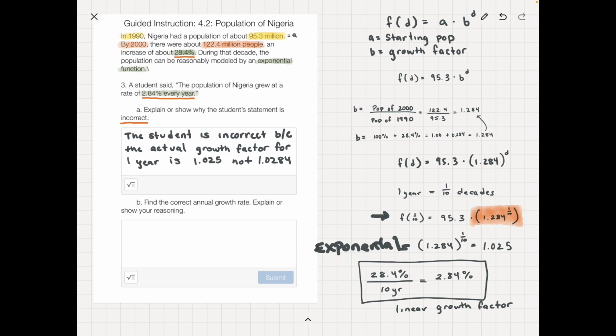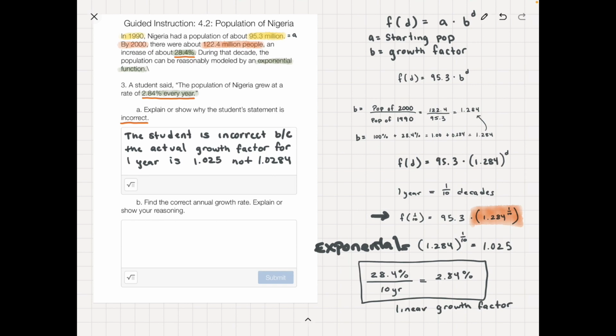Okay, so I went ahead and I actually already calculated the correct growth factor because I used it in order to show that they were incorrect. So find the correct annual growth rate, explain or show your reasoning. So if I was going to correctly calculate this, what I would end up saying is, well, what percent were we growing every single year? So our annual growth rate would be what percent were we adding on in order to calculate this.